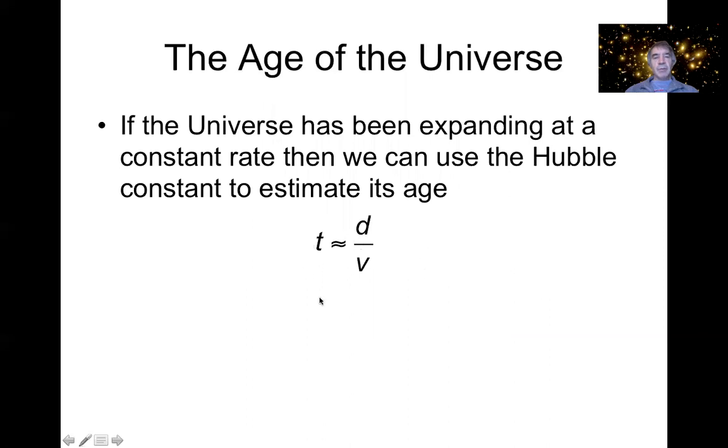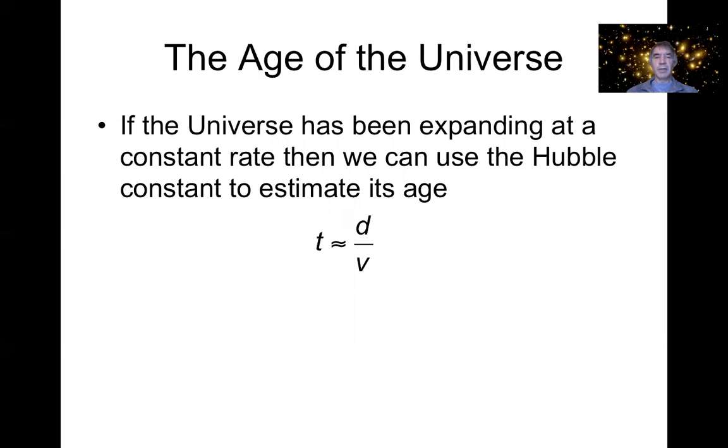We can do a dimensional argument here, which is actually quite accurate in the answer you get. If we assume the universe has been expanding at a constant rate, basically the rate that we see it expanding today, then we can use the arguments from Hubble's law to make an estimate of the age.